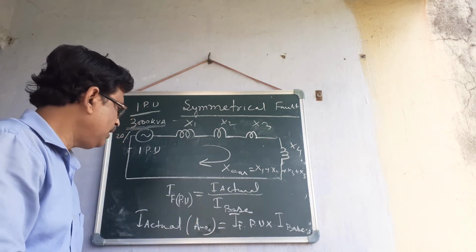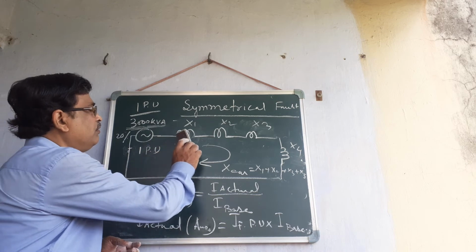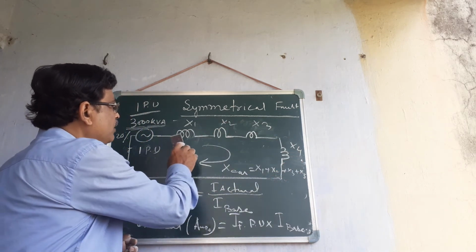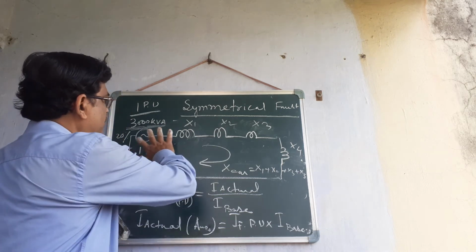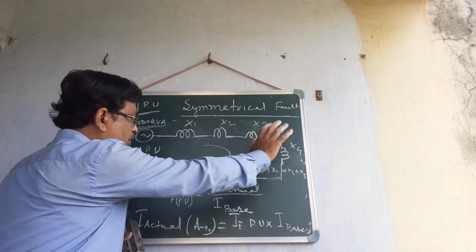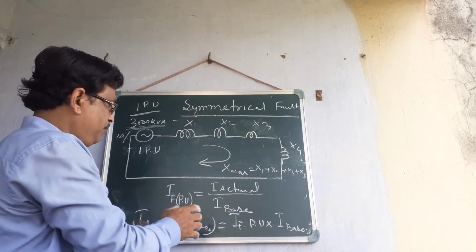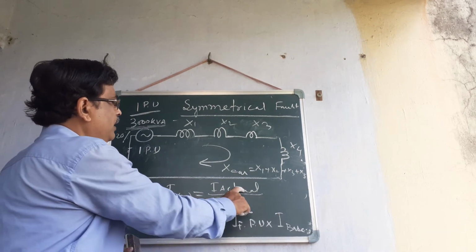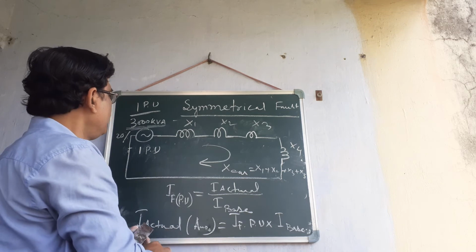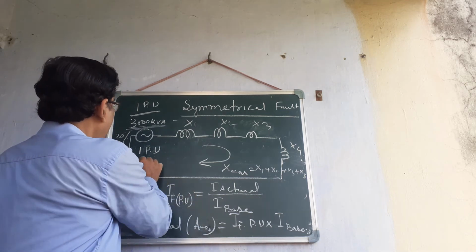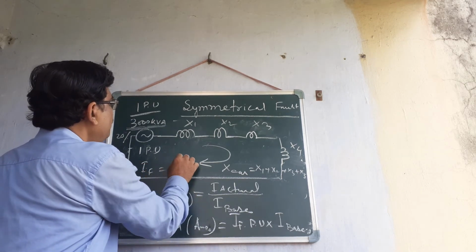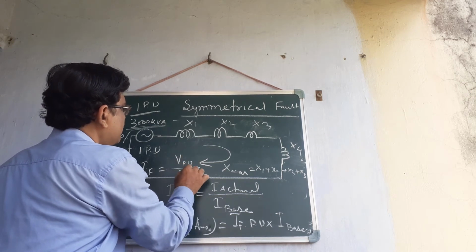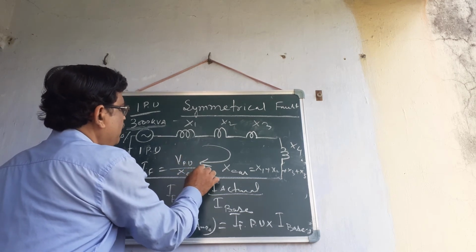So I think you see how, using the per unit system, we will convert the whole power system network into a single loop network, and from that per unit network, the fault current I fault is equal to V per unit by X equivalent per unit.